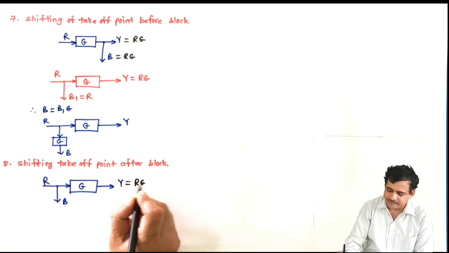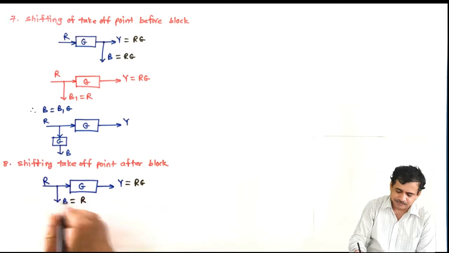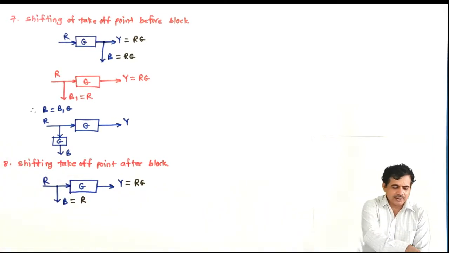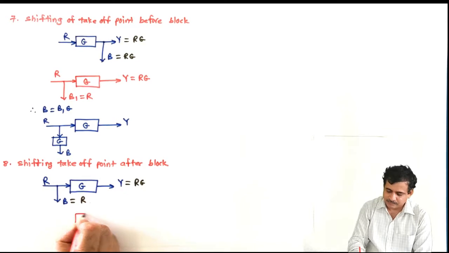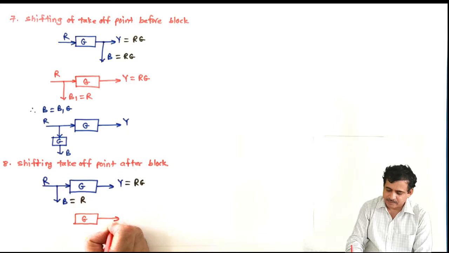Y is RG. What is B? B is R. Now what I will do? I will shift this takeoff point after the block. So G, this is Y here, and let this be B1.